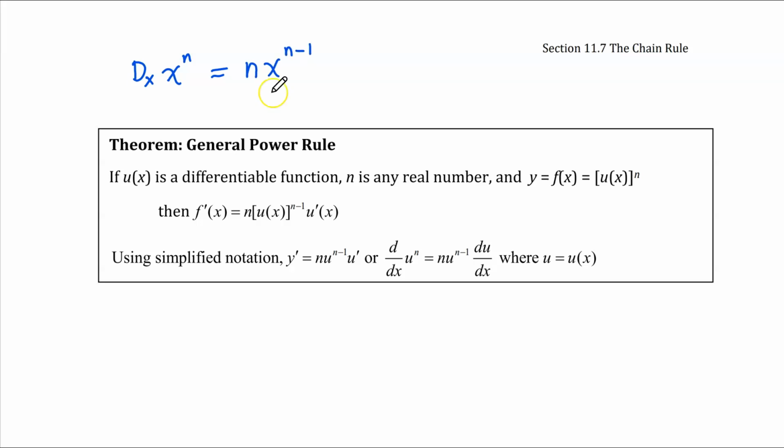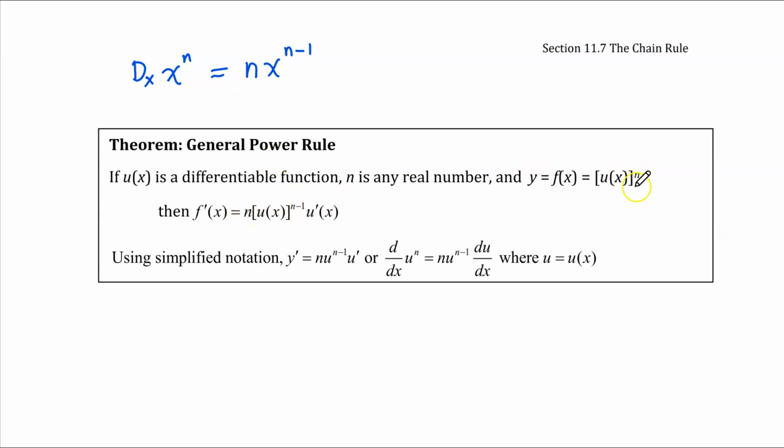And to generalize it, we will think of this x here to be u, where u is some differentiable function in terms of x. So for instance, if you have the function y equal to f of x, which is equal to u of x to the n, the derivative of this function using power rule is just n.